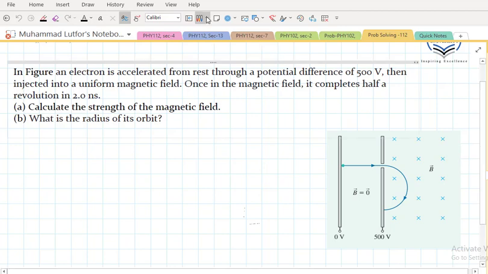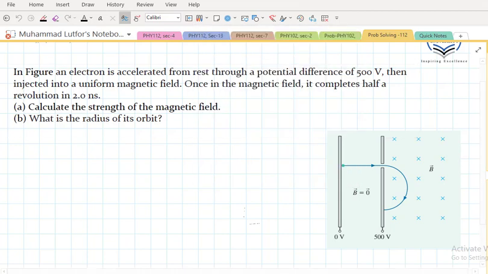Fine. To solve this problem, we have to use the idea of the force.